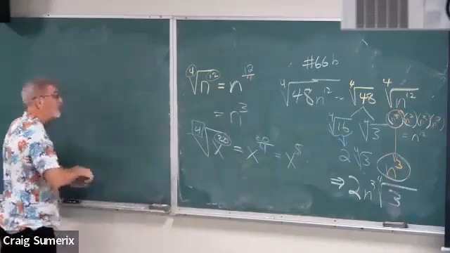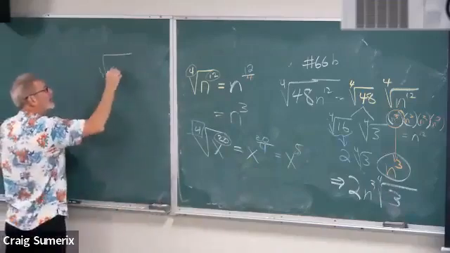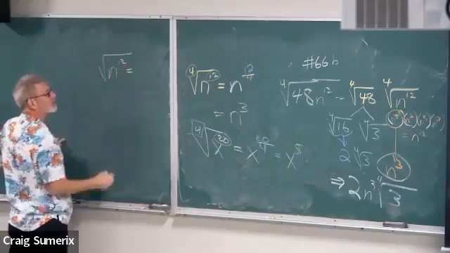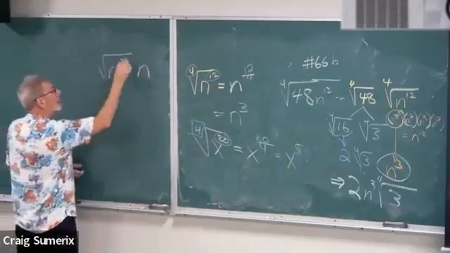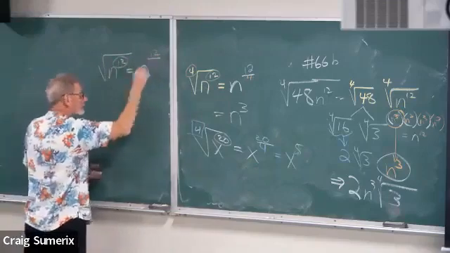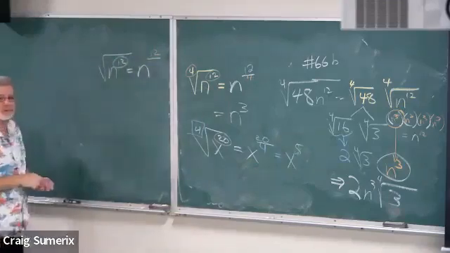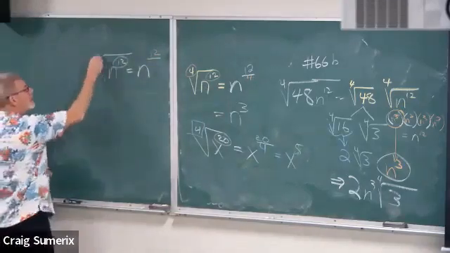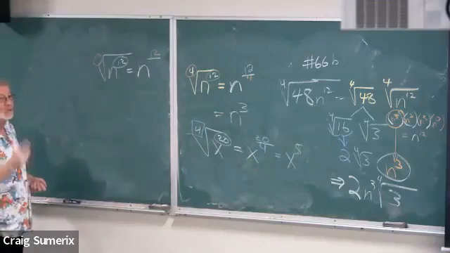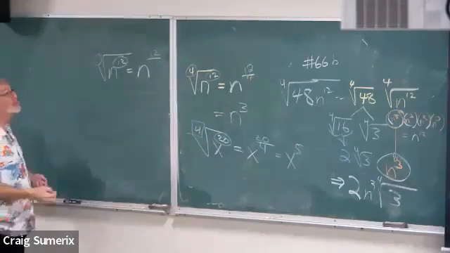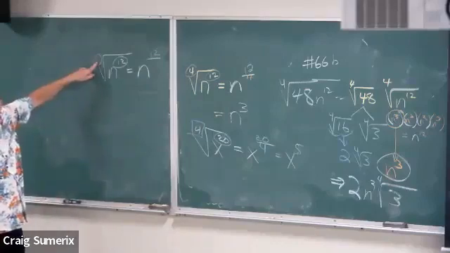Let's go back here for a minute. The square root of n to the 12th as a fraction would look like what? Inside number on the top. What's the outside number in a square root? Two. That's why we call it square root. We're just too lazy to write it in.